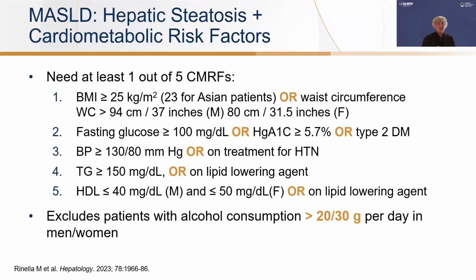Words sometimes get all crazy, but at least one of these five: BMI, looking at fasting glucose, pre-diabetics or diabetics, looking at that blood pressure or a person on treatment for hypertension, looking at those triglycerides, or are they on a lipid lowering agent? HDL less than 40 for men or less than 50 for women, and once again on that lipid lowering agent.